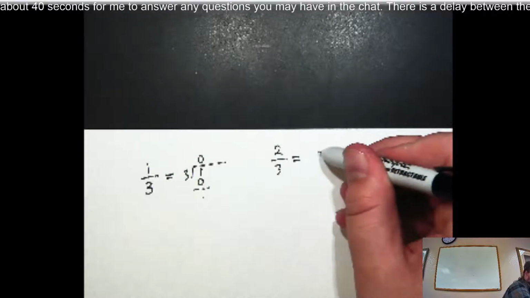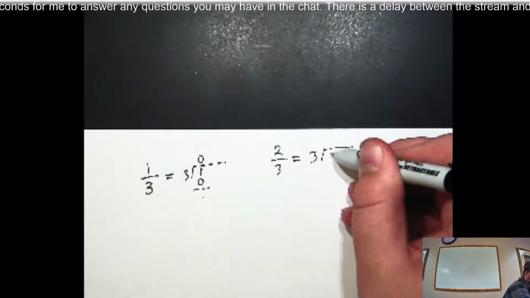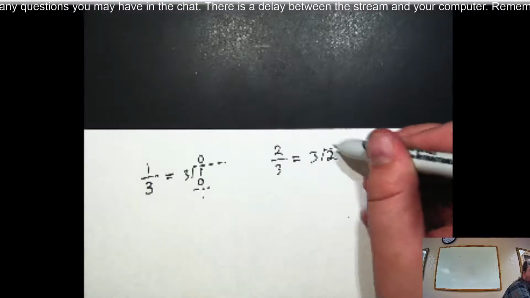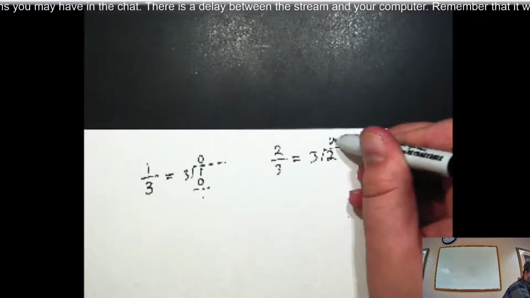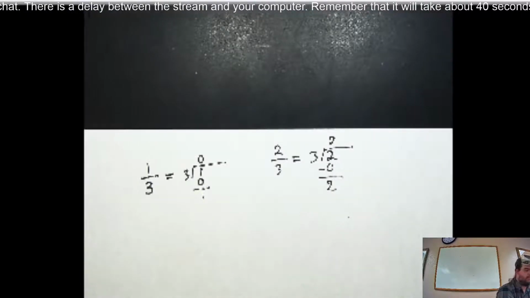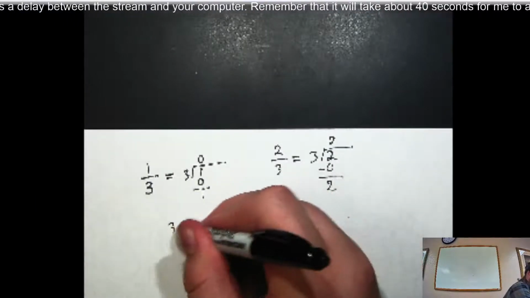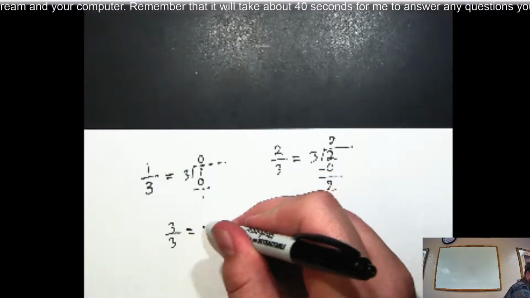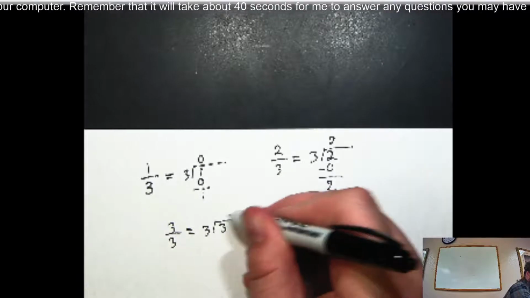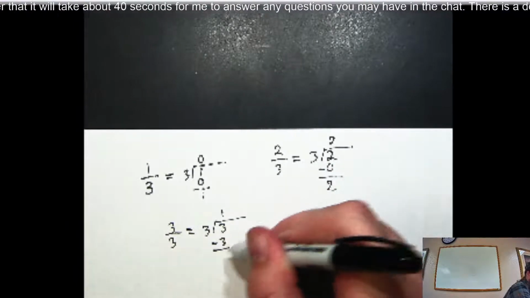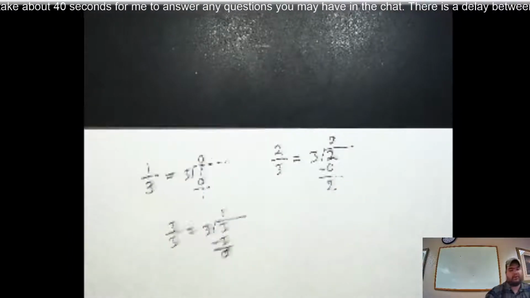Okay. So again, this is 2. 3 will go into 2 0 times, minus 0, so the remainder is 2. Okay, what about 3 over 3? Well, that works. We'll go 1 time, and remainder 0.